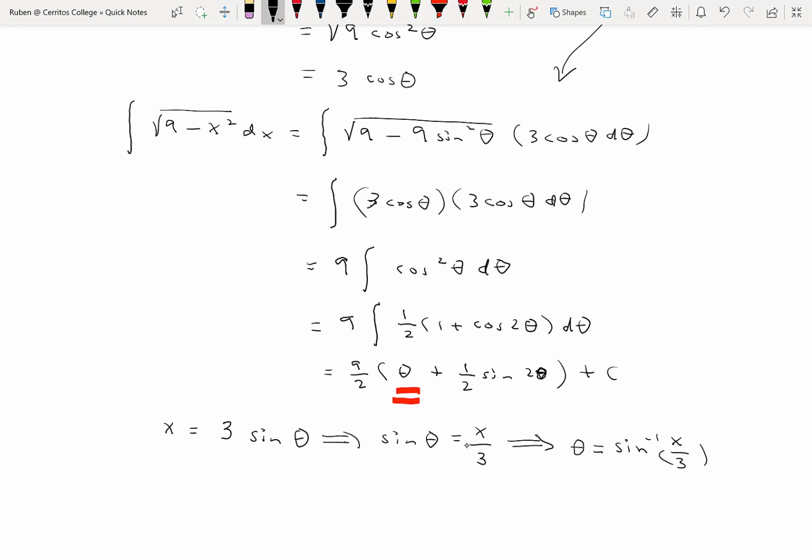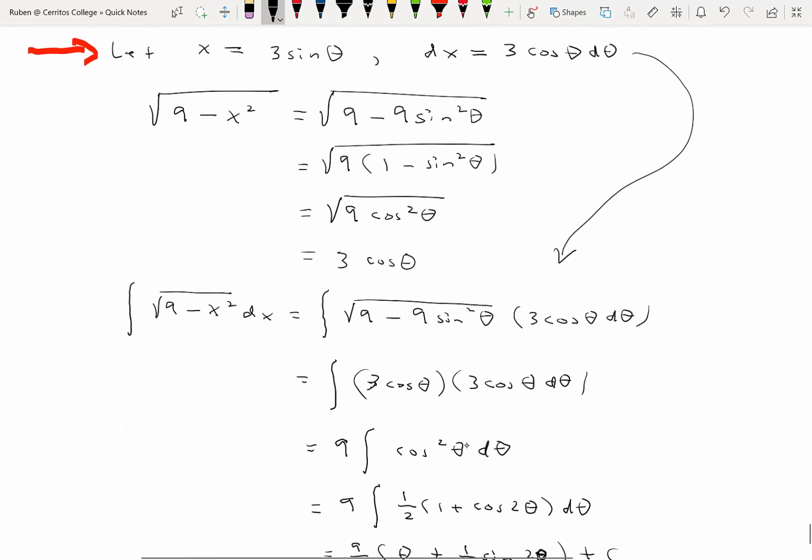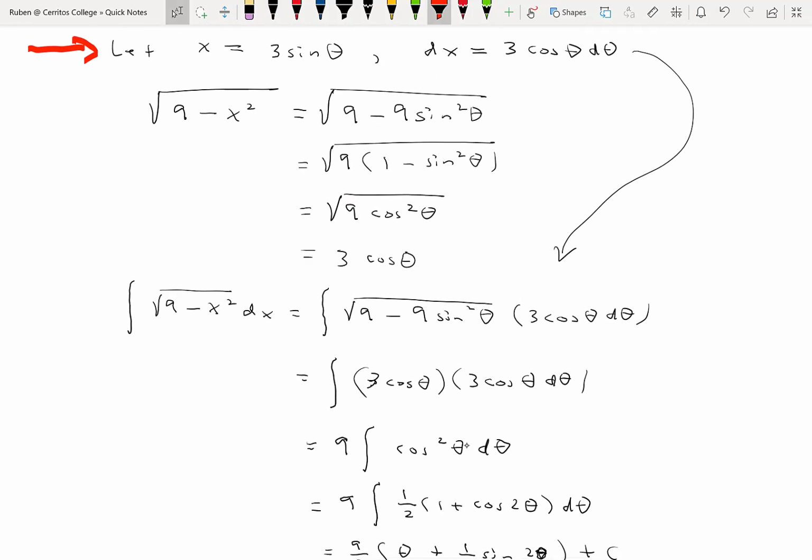Now, back to the substitution. Remember, look at the new red arrow, square root of 9 cosine squared theta, and somehow the absolute value, which should go there, doesn't go there. Well, we're choosing theta so that the inverse sine exists, not the inverse cosine, but the inverse sine. That means theta is between negative pi over 2 and pi over 2.